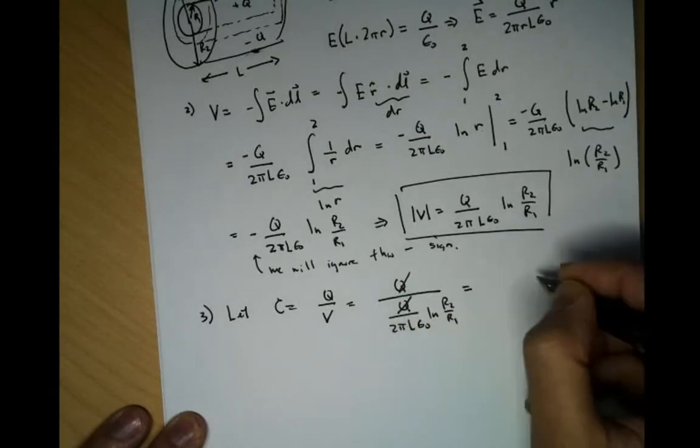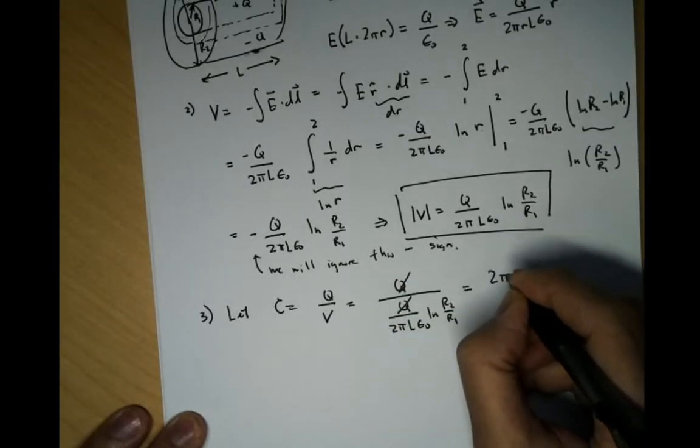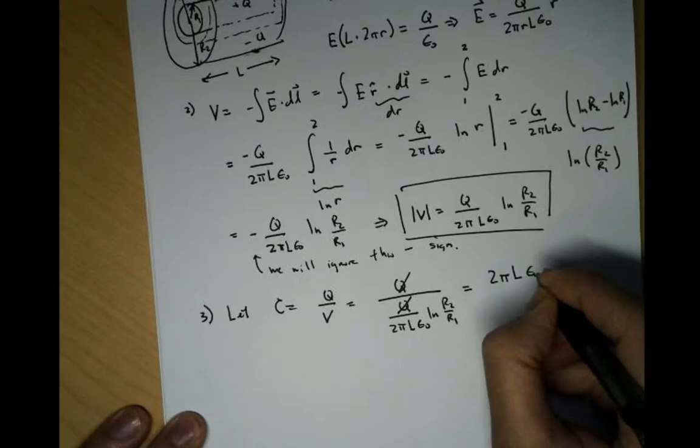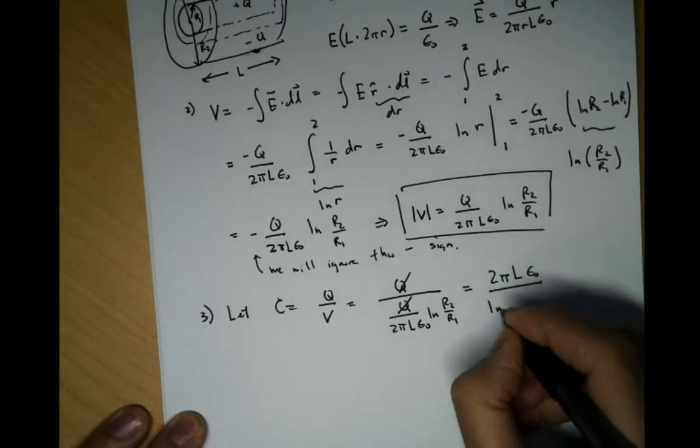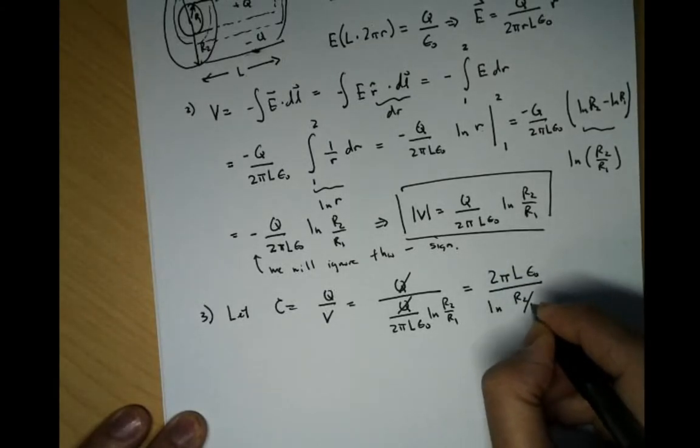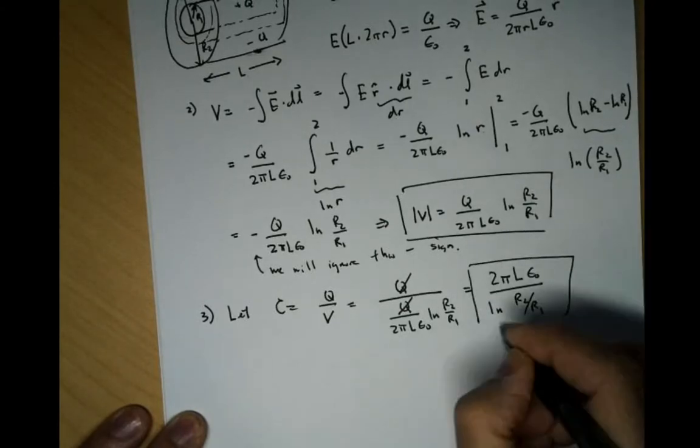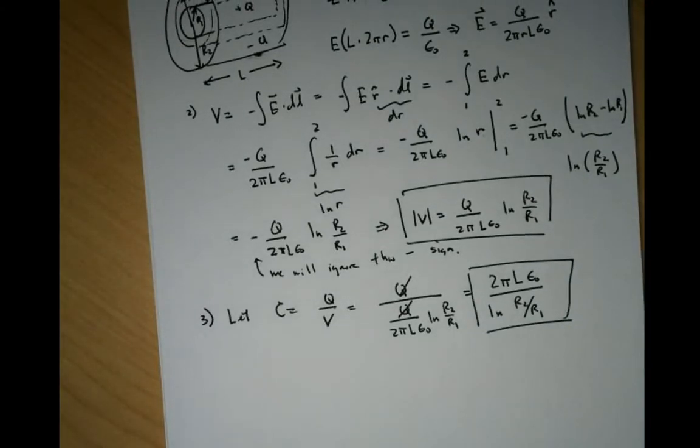These cancel, and now I'm done. C is 2 pi L epsilon naught divided by logarithm of R2 over R1. And there it is, I found the capacitance of a cylindrical capacitor.